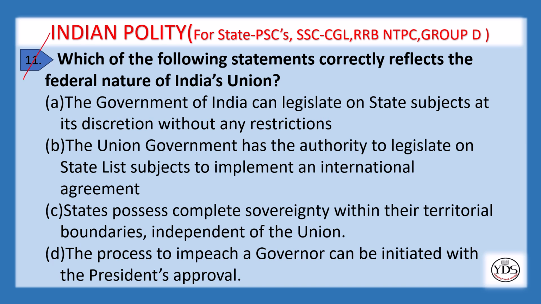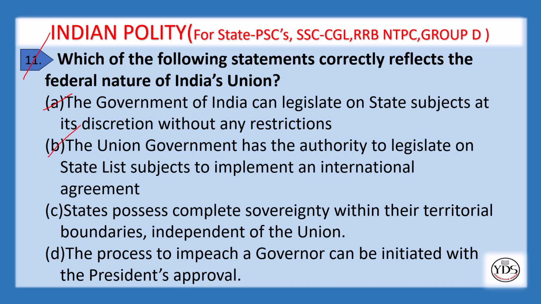11th question. Which of the following statements correctly reflects the federal nature of India's union? Option A. The Government of India can legislate on state subjects at its discretion without any restrictions.